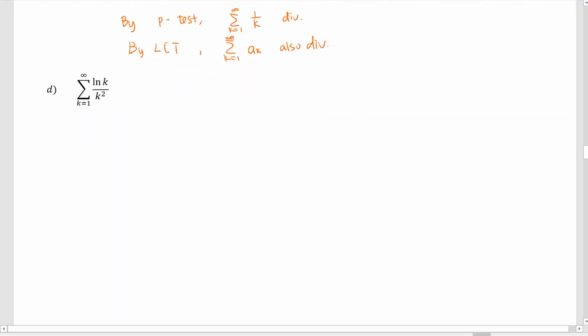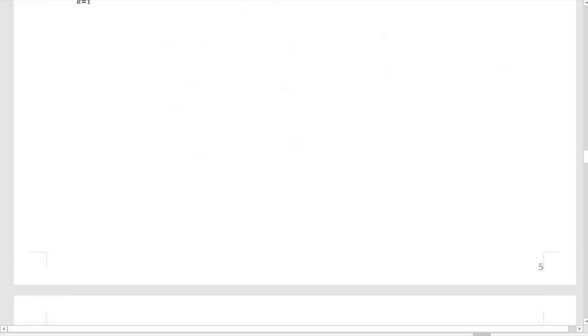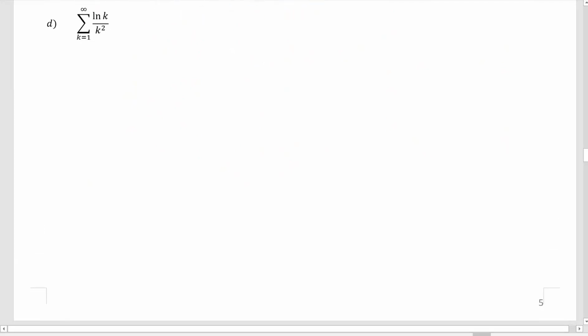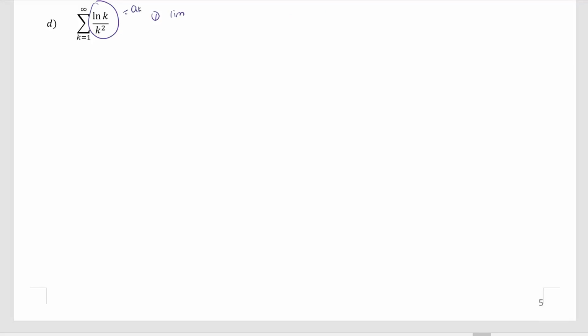All right, so part D. Part D is actually quite interesting. First of all, we compute the limit of the sequence.